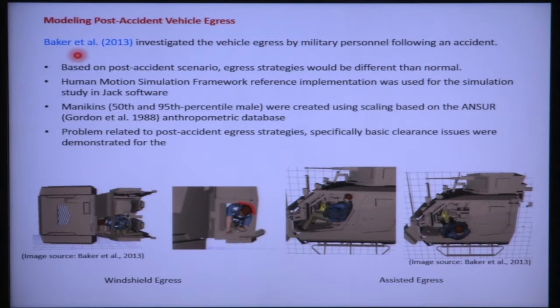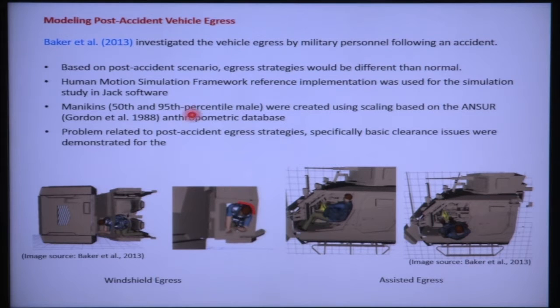In another study, Baker et al. 2013, they investigated vehicle egress by military personnel following an accident. In a normal situation, many research papers have reported how ingress egress can be evaluated for different types of vehicle.